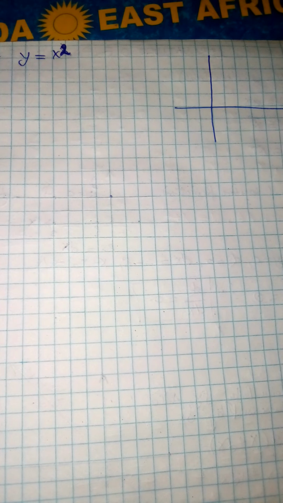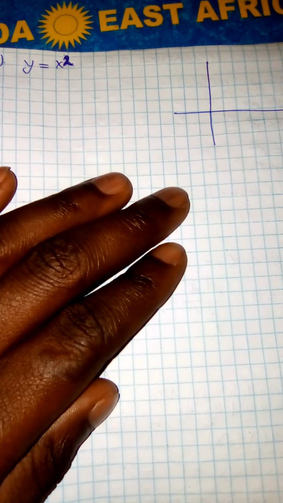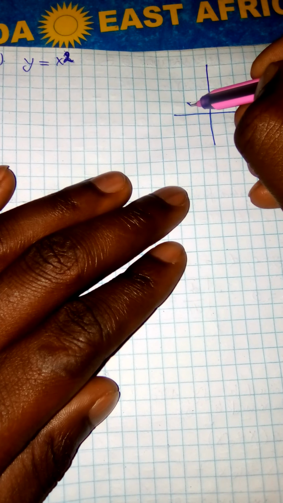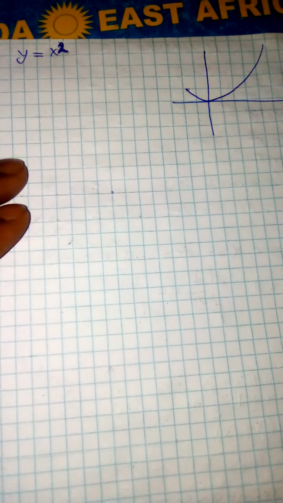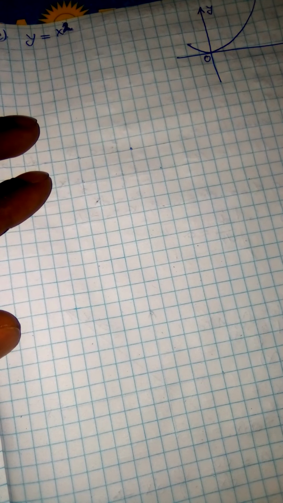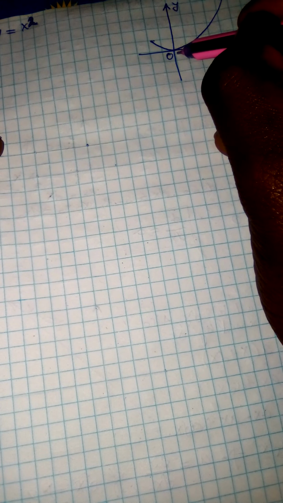Okay, as you can see here, y equals x power 2, so the graph of this function will be a quadratic curve. Okay, so here we have origin, y, x. Let's estimate that this is the distance from origin.